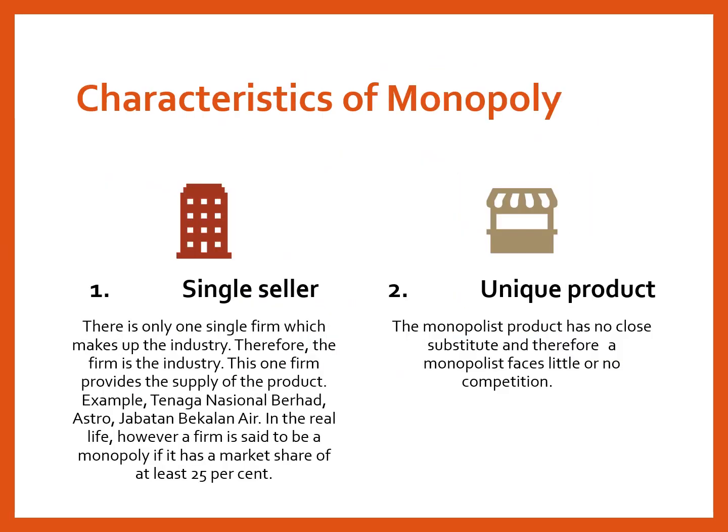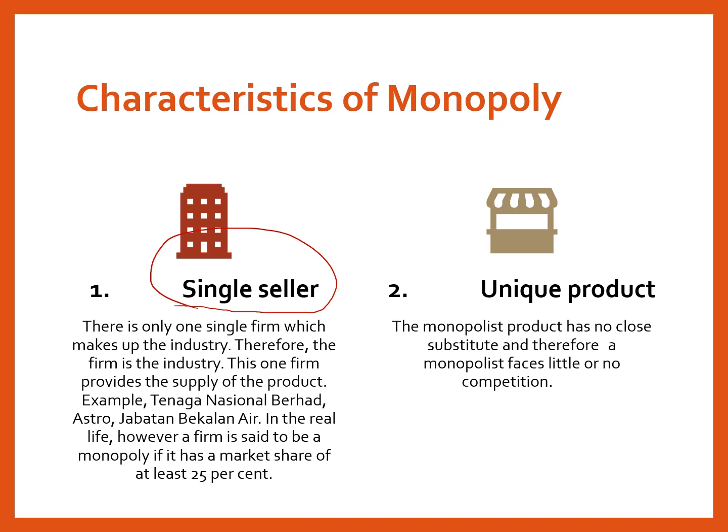And after you understand the real definition of monopoly, let's proceed with a few characteristics of monopoly. The first characteristic of monopoly is a single seller. Single seller adalah salah satu kriteria utama untuk pasaran monopoli. Let's go through the definition.